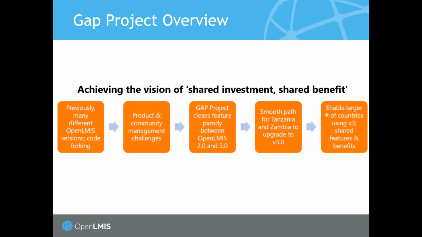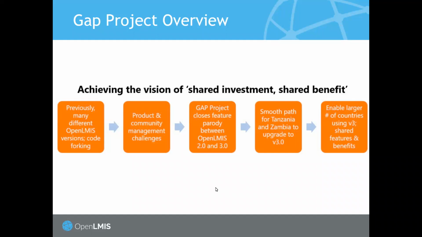So the GAP project was an effort to bring together some of the features in the older versions of OpenLMIS and bring them over to version 3 so that it would provide an upgrade path for the implementations of the older versions of OpenLMIS to upgrade to version 3. In particular, we were focused on working with Tanzania and Zambia because they had some of the more mature OpenLMIS or eLMIS platforms.